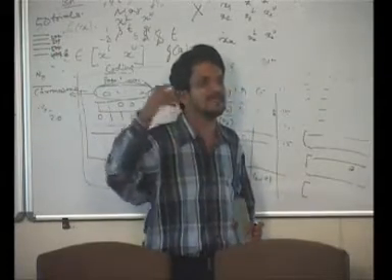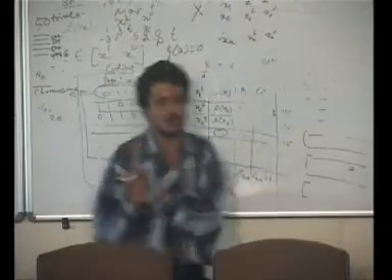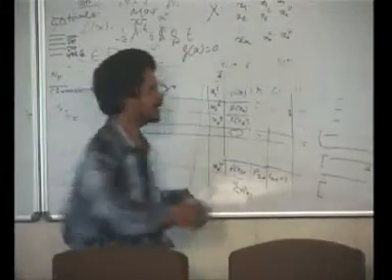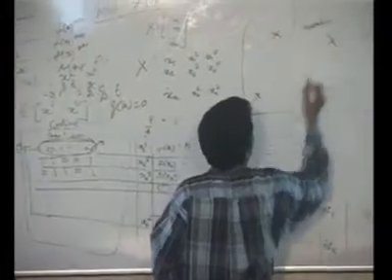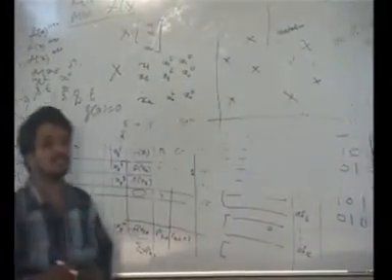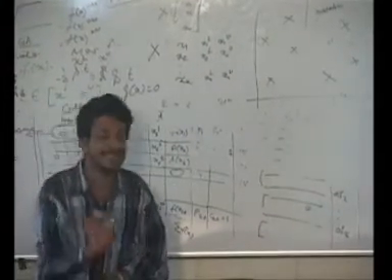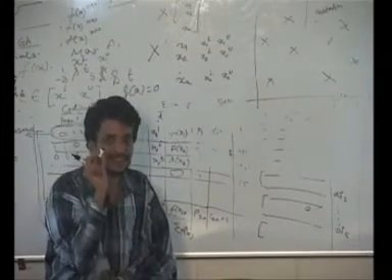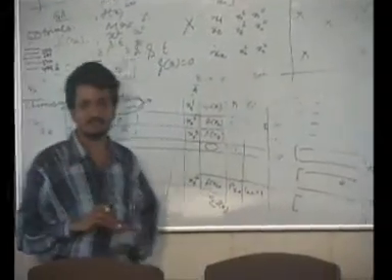Initially I generate randomly 20 particles having x1, x2, x3 values in those ranges. These are the initial positions of the 20 particles of the swarm, which are generated randomly.